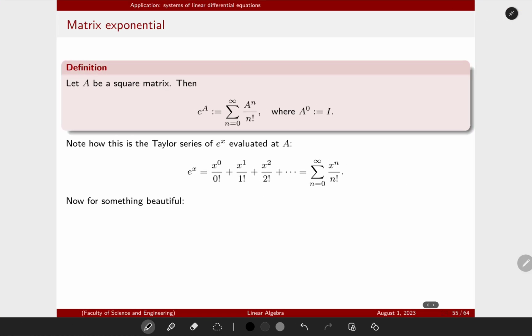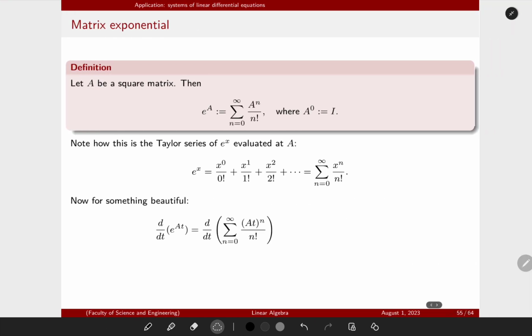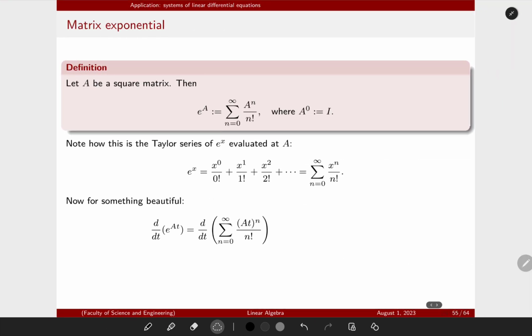And now we have a very nice result, which will allow us to solve our initial value problem. We take the derivative of e to the At, where t is just some scalar that we've chosen, and we multiply A by the scalar from the right hand side, take the matrix exponential of that, and then differentiate it. We want to calculate what this is.